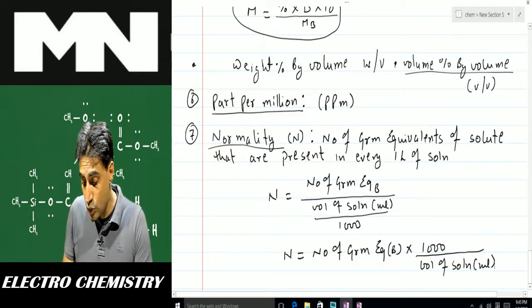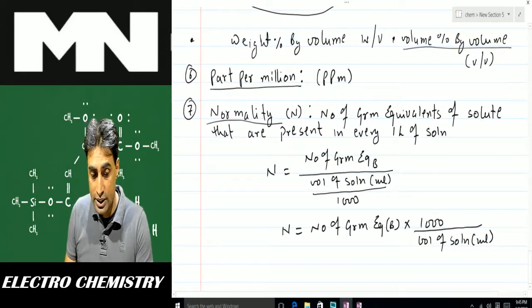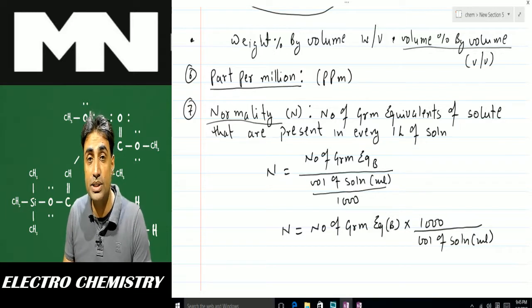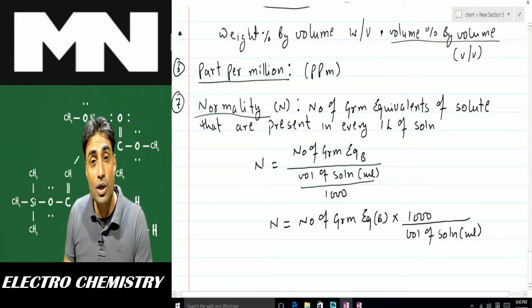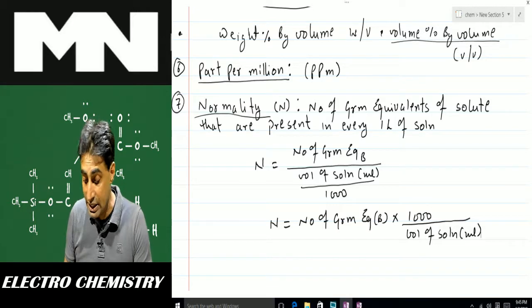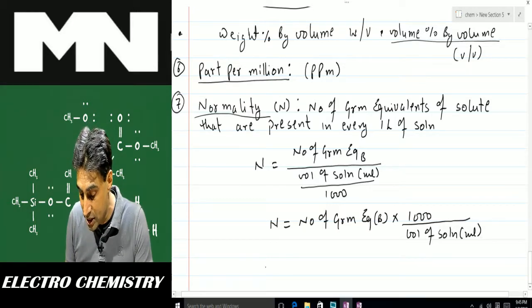Now the question comes to our mind, what are the number of gram equivalents? The number of gram equivalents is very similar to the number of moles. For the number of moles, I told you that it is weight upon molar mass. Now when we talk about the number of gram equivalents, although it is similar but a bit different, it is weight upon equivalent mass.